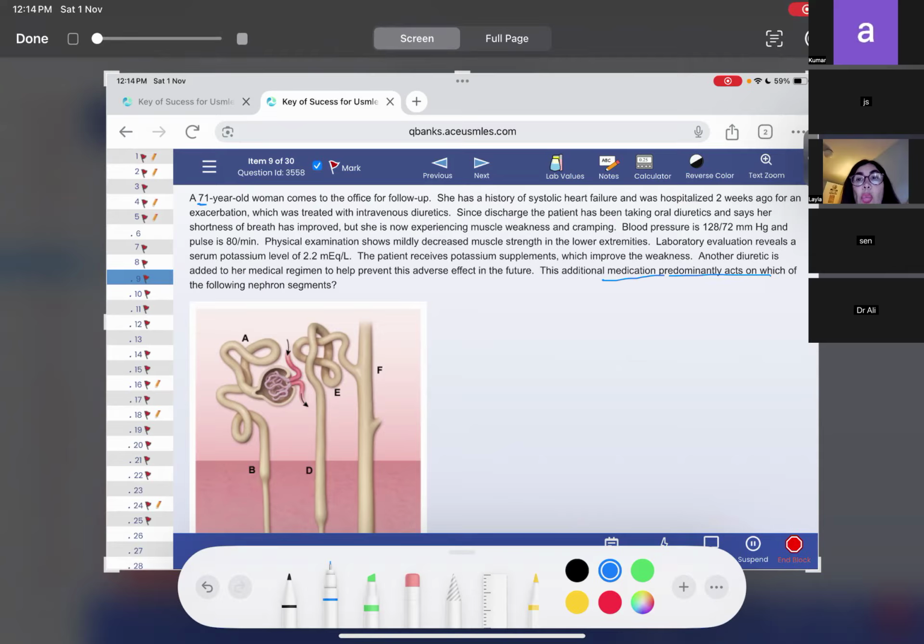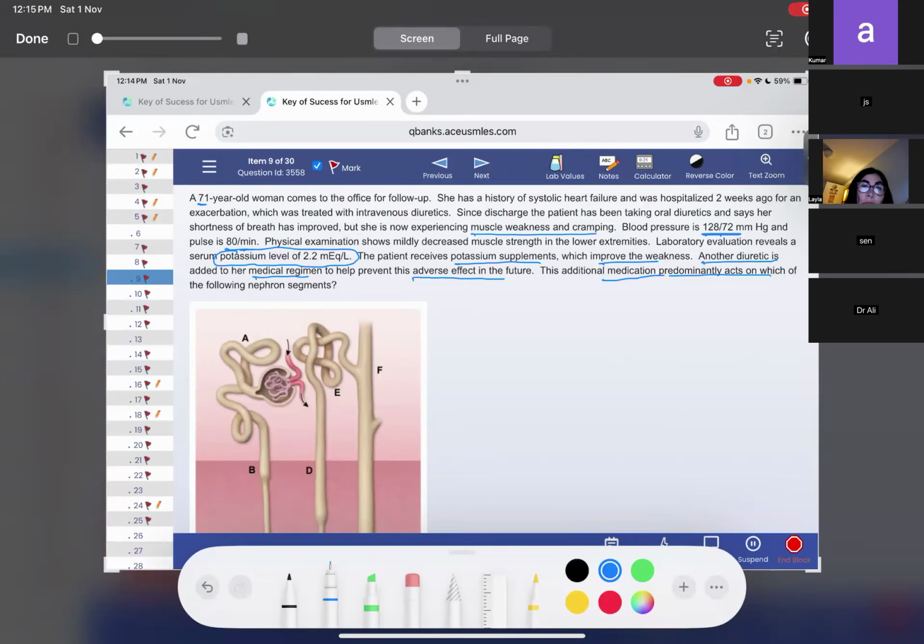Blood pressure is 128/72 and pulse is 80. Physical examination shows mildly decreased muscle strength in the lower extremities. Laboratory evaluation reveals a serum potassium level of 2.2. The patient receives a potassium supplement, which improves the weakness. Another diuretic is added to her medical regimen to help prevent this adverse effect in the future. The additional medication predominantly acts on which of the following nephron segments?